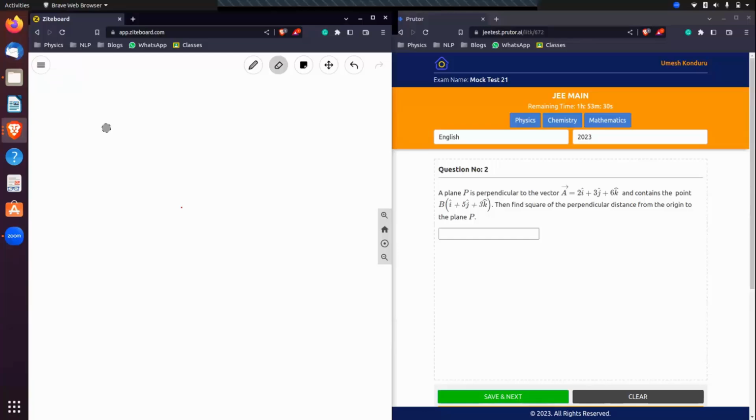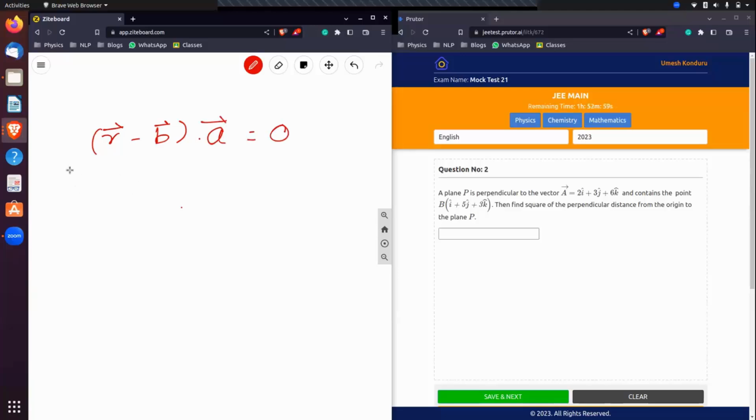So take any point on the plane, let's call it the vector r, the position of the point. If you subtract the point b from that, you get a vector that's parallel to the plane. And since the plane is perpendicular to vector a, this must be 0. So from this, you get the equation of the plane.